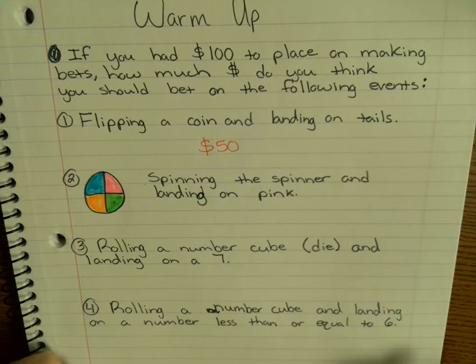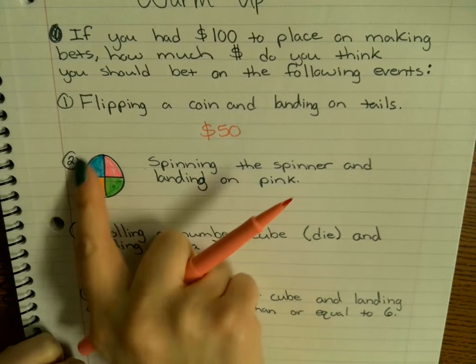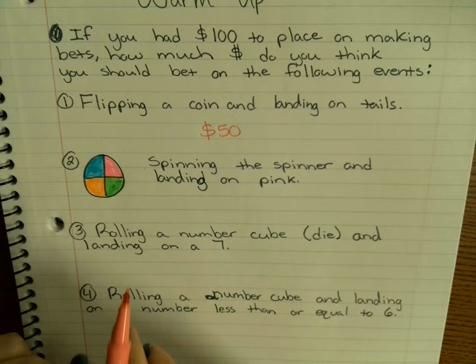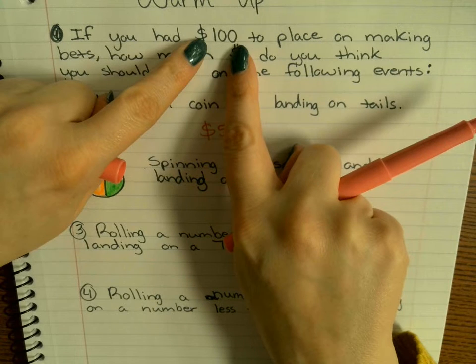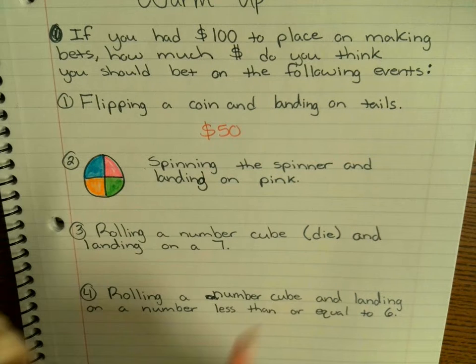Okay, let's take a look here. Spinning a spinner. So we've got this colored spinner with orange, blue, pink, and green. I want to spin the spinner and I want it to land on pink. How much of my $100 do you think we should bet on landing on pink, Robert? Why?